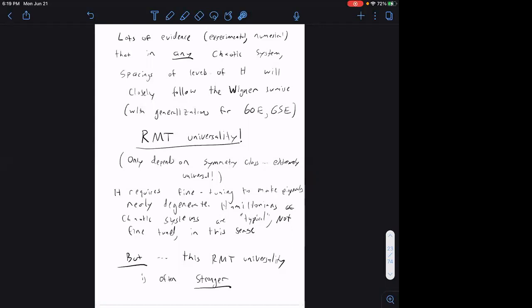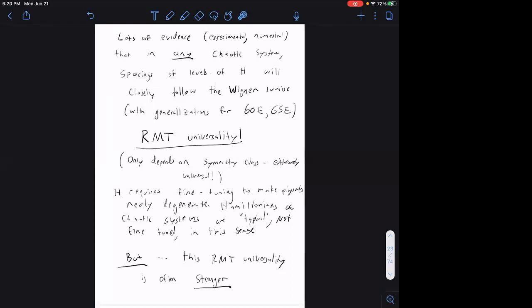It could be in 1 dimension, 3 dimensions, it could be electrons, it could be whatever. It could have any sort of particles, as long as it's chaotic. It'll have this quantitative shape, this Wigner surmise. So the universality here is saying that it's independent of basically any fact about the system except for that it's chaotic.